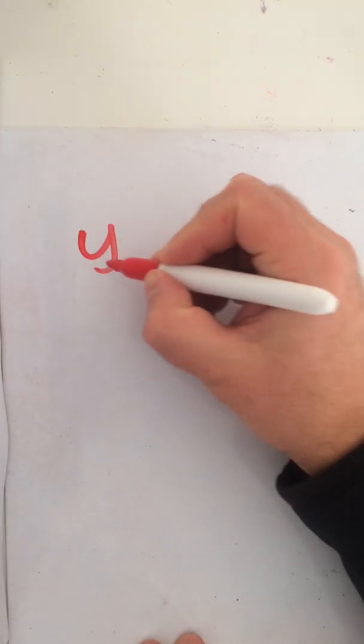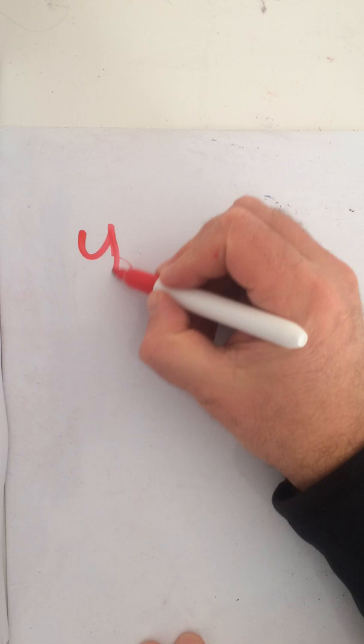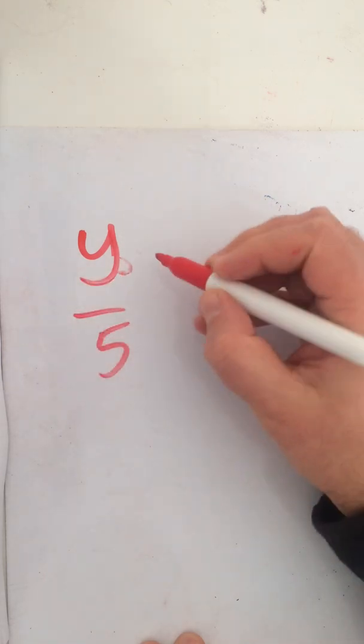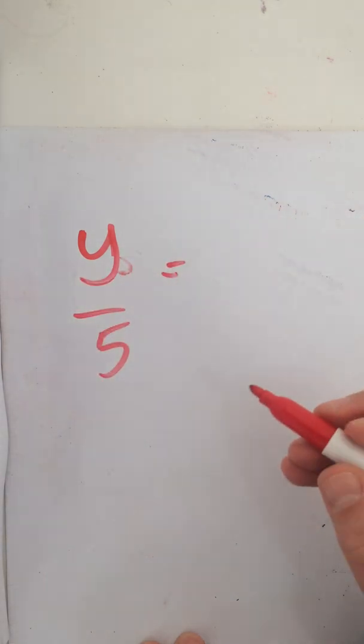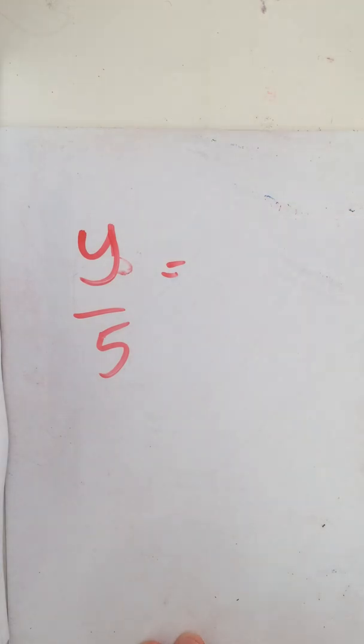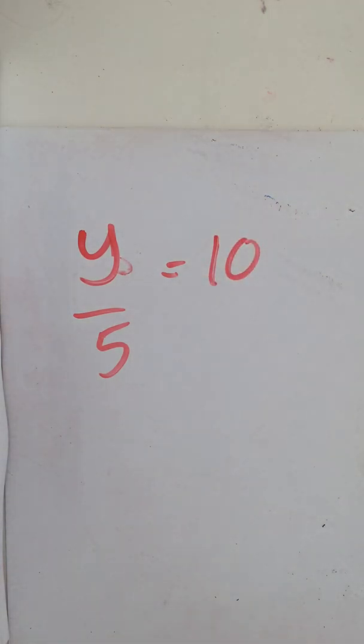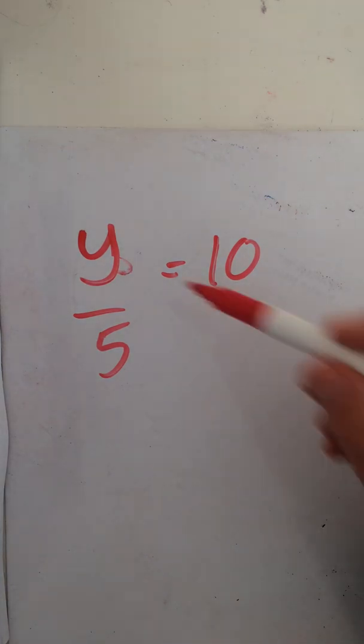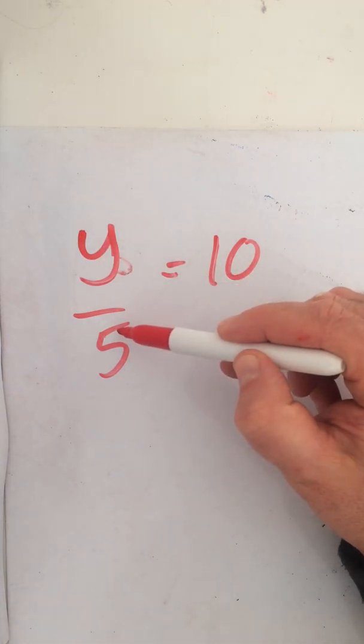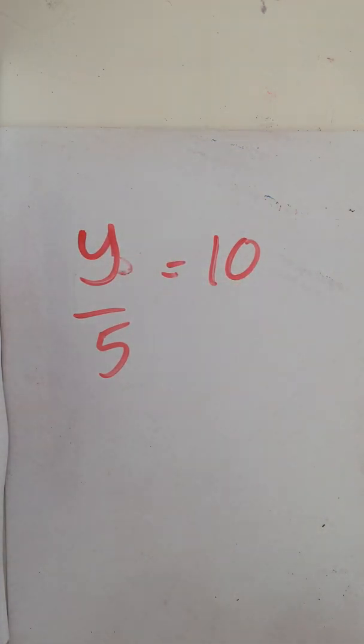Right, let's have a look at this next one. Y divided by 5, y over 5 is equal to 10. So remember, this is y divided by 5.